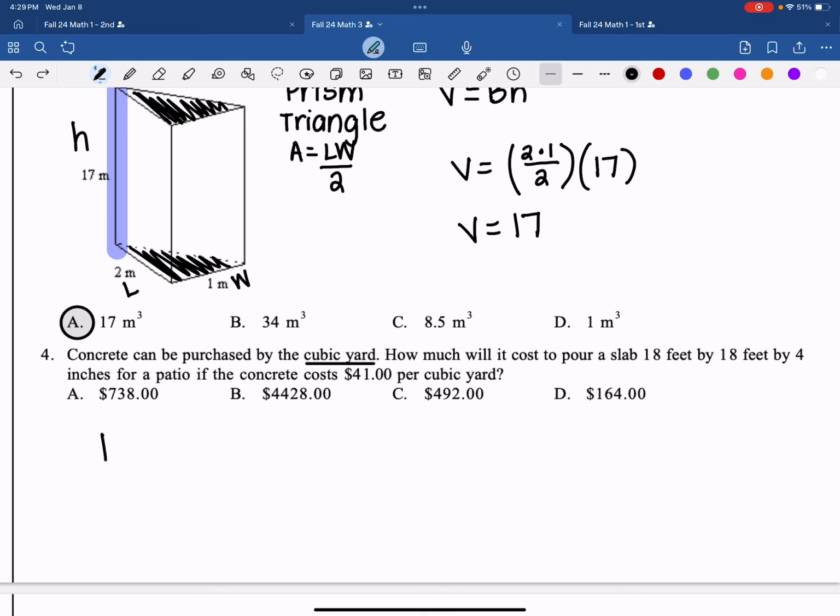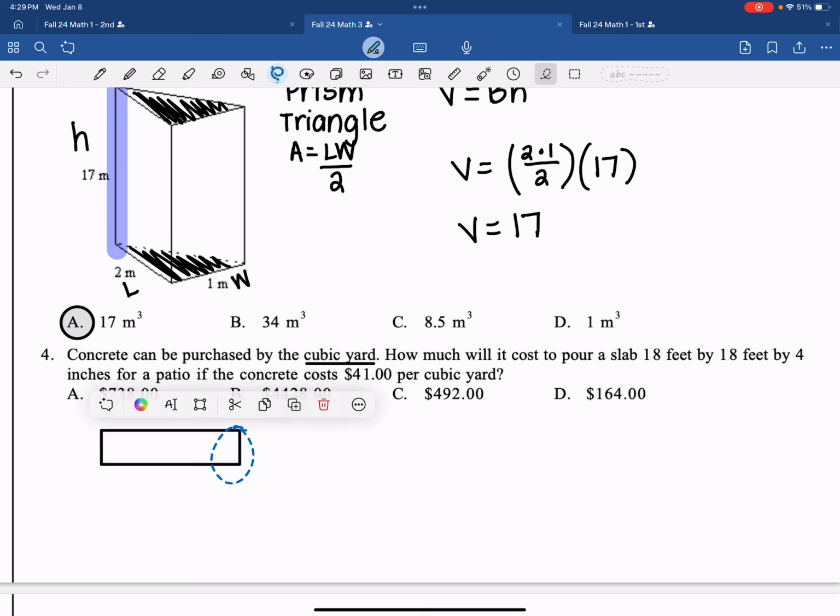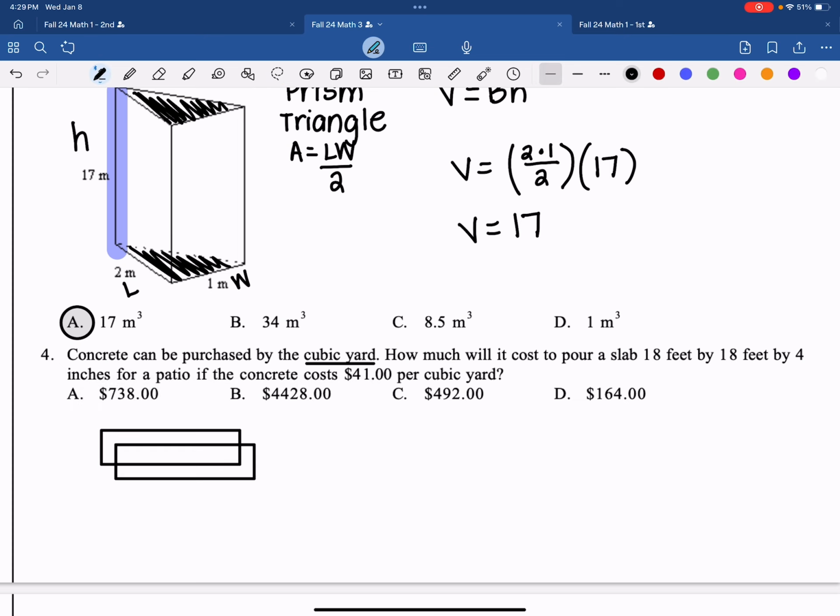So if we're talking about the prism, we're talking about length times width times height. However, when I'm looking at my length and my width and my height, I have lots of units in this problem. Okay, so we have a rectangular prism. We need to do big B times H, where my big B is the area of my base, which is going to be length times width, times height.